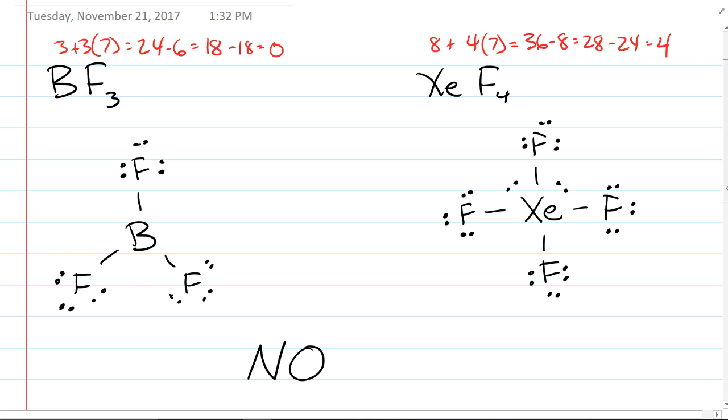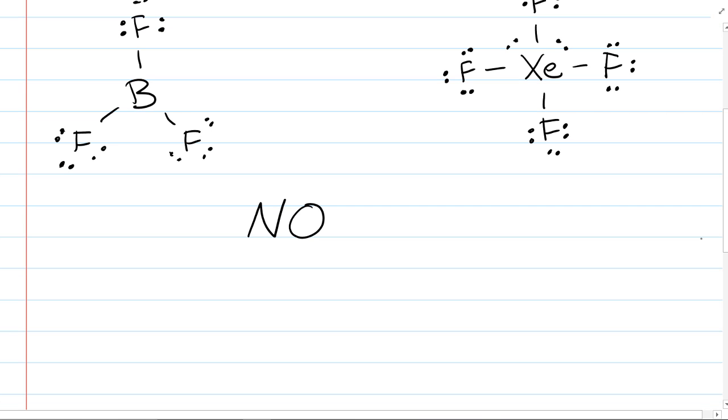Okay, then the last one is the nitric oxide or nitrogen monoxide. Calculate the sum of the valence electrons. Nitrogen has 5, oxygen has 6. Altogether we've got 11 valence electrons. So now the central atom in this case, there's really only 2, so nitrogen would be central, so to speak, and we attach it to the oxygen.